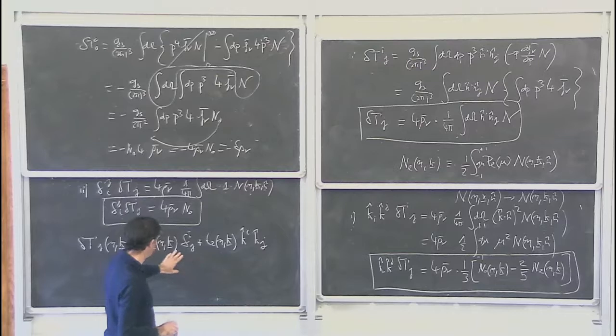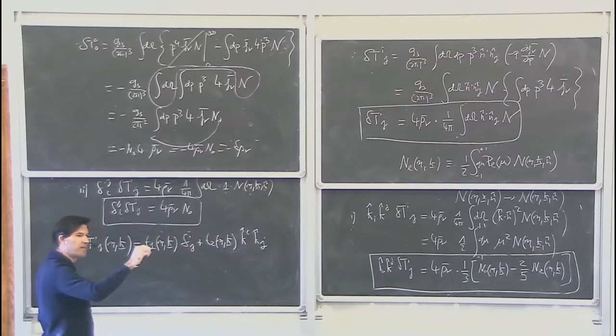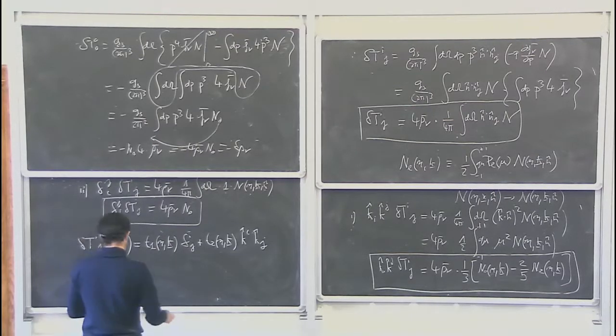So I will move some of this on that side, in order to have a term that is k hat k hat minus 1/3 of delta ij, which is the term I'm looking for. And then I will just relabel this function as follows.